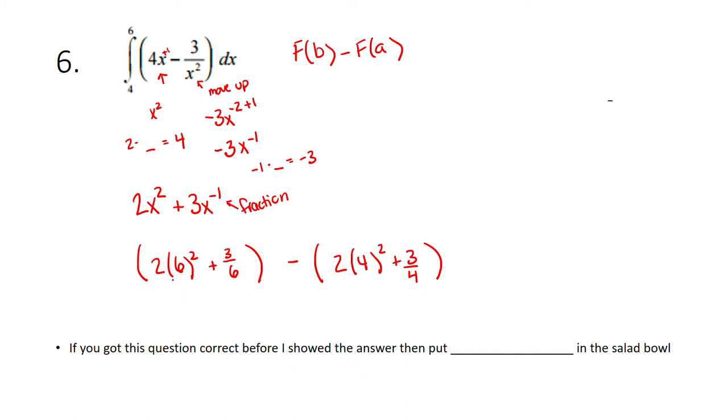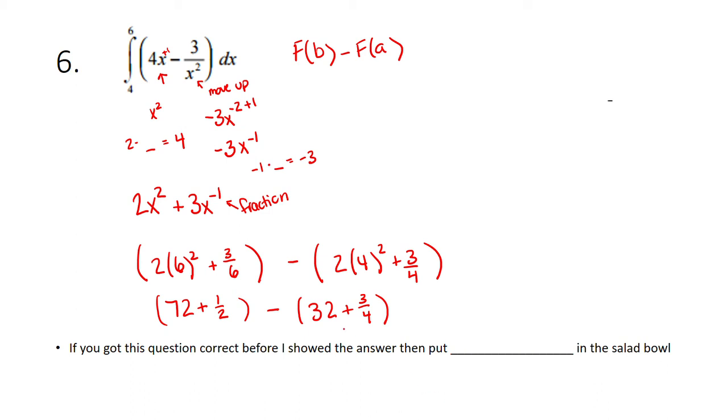Okay, 2 times 6 squared, that is 72. 3 divided by 6 is half. You could say that's 72.5 or a half. Then minus 4 squared times 2 is 32 plus 3/4 or 0.75.